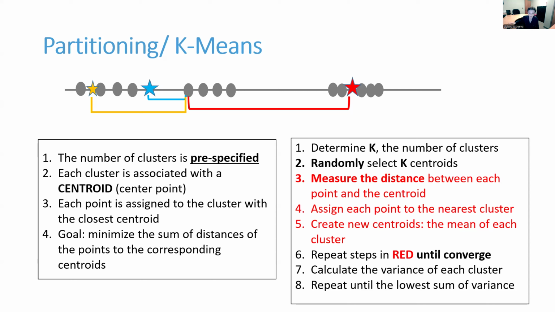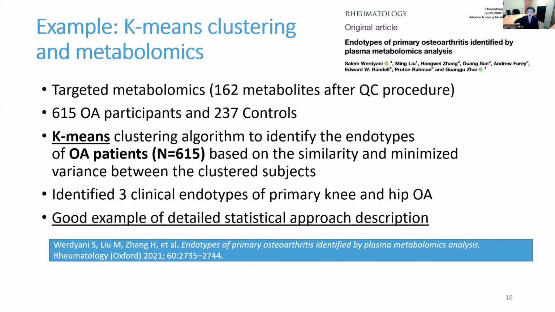So now I will talk a little bit about this paper published recently, a few years ago. This is a very nice example of where unsupervised k-means clustering was applied to identify osteoarthritis endotypes using targeted metabolomics. This clustering analysis included only OA patients with 162 metabolites measured in plasma.